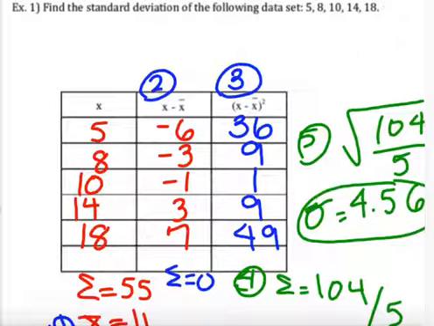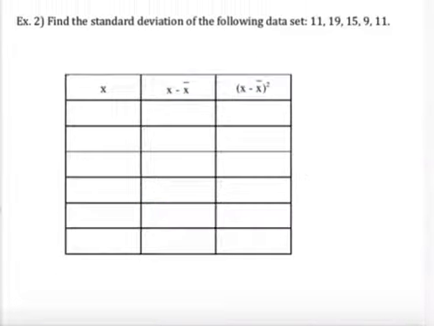So if you would flip over to example number 2. Let's go through another example together here. So the data set on example number 2 is 11, 19, 15, 9, and 11.